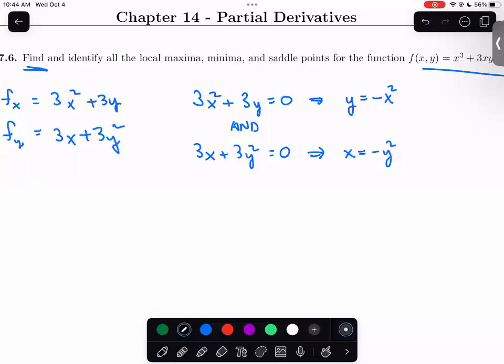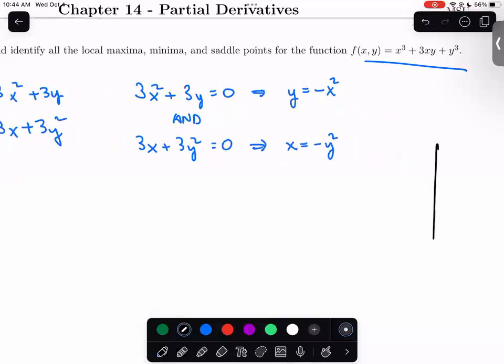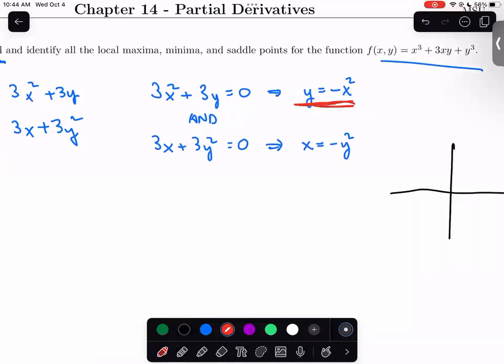One thing that's sometimes useful, maybe not needed so much for this problem, but it's not a bad idea, is to think about this graphically a little bit, right? If I want both of these things to be true, and I was to graph these two: y equals negative x squared, so your x partial derivative is equal to 0 everywhere along this parabola, y equals negative x squared.